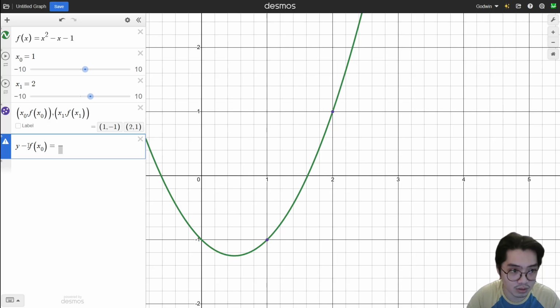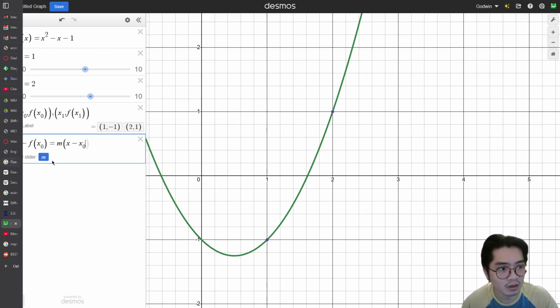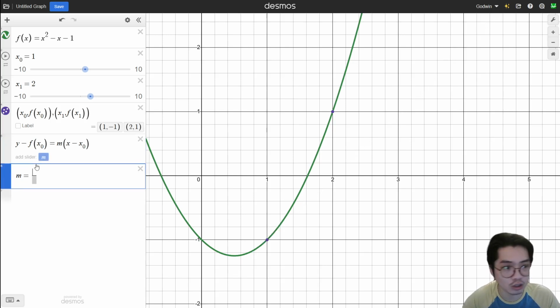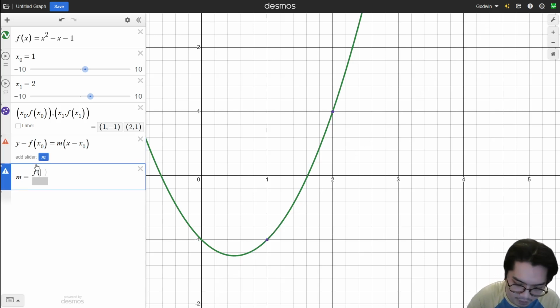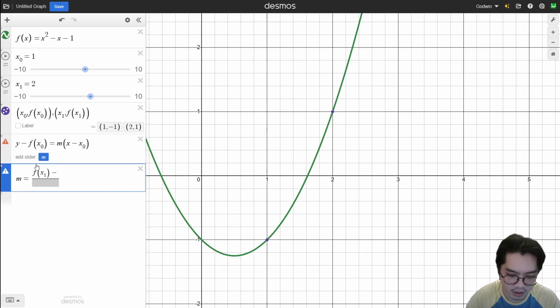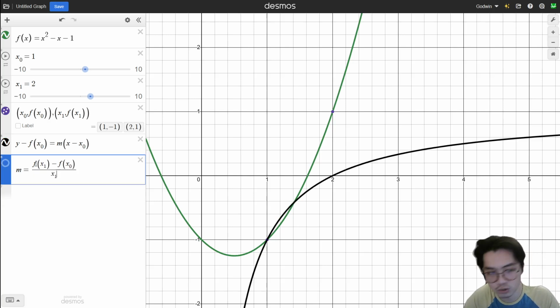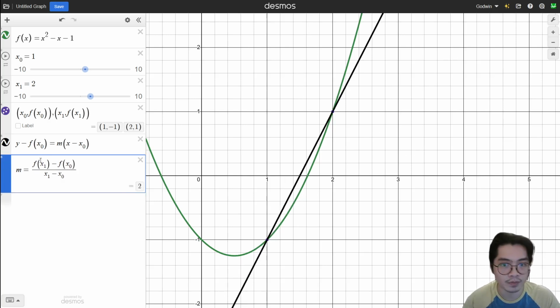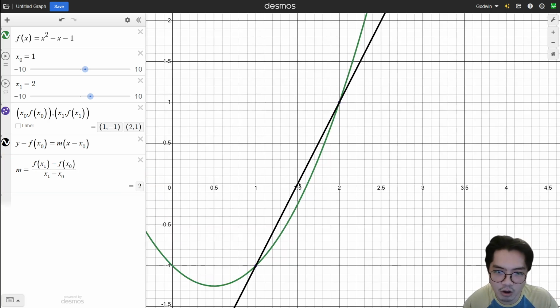Then I can get the m in here, m times, where the m stands for the slope between them, which is going to be f x1 minus f x0, over x1 minus x0. There you go. That's the line between them. And notice that they will intersect at 1.5.